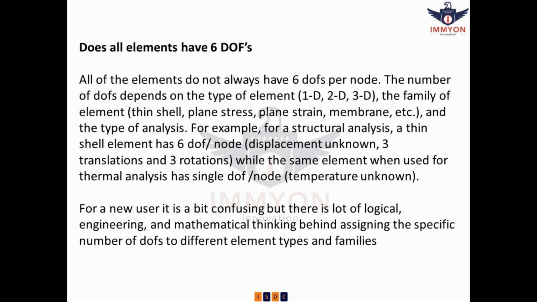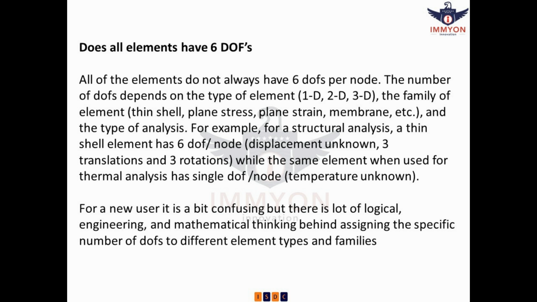All of the elements do not always have 6 DOFs per node. The number of DOFs depends on the type of element, 1D, 2D, 3D, the family of element, thin shell, plane stress, plane strain, membrane, etc., and the type of analysis.